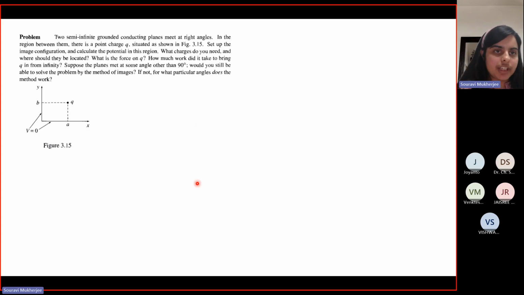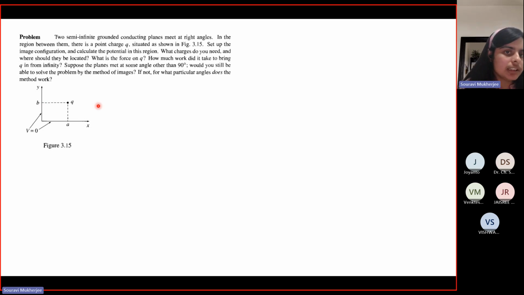Now this is another question where you have two infinite grounded conducting planes. Okay. Initially we have solved with one plane. Now you have two planes, okay, intersecting at 90 degrees. There is an angle of 90 degrees. Then, if you are asked to find the potential somewhere in this region, how do you do that, right?